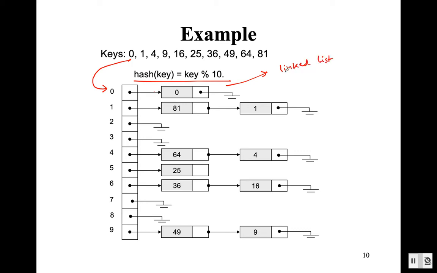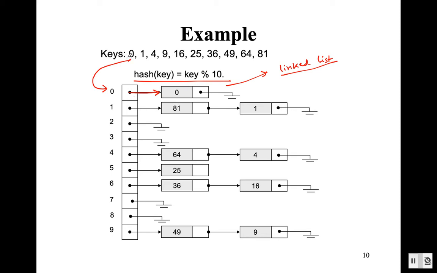A linked list is flexible in size. It can grow or shrink whenever we want. Insertion and deletion do not take additional space. So the array elements will be pointers, and each pointer is going to point to a linked list.